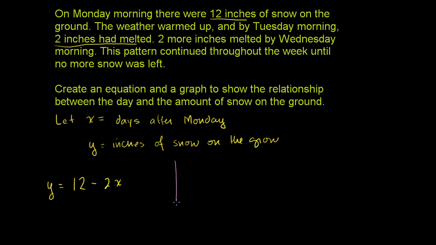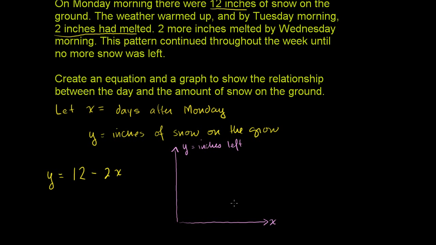So I'll make my vertical axis, the y-axis, that's inches on the ground. Y is equal to inches left on the ground. And then the horizontal axis, that is our x-axis. Let me scroll down a little bit. This is days after Monday.